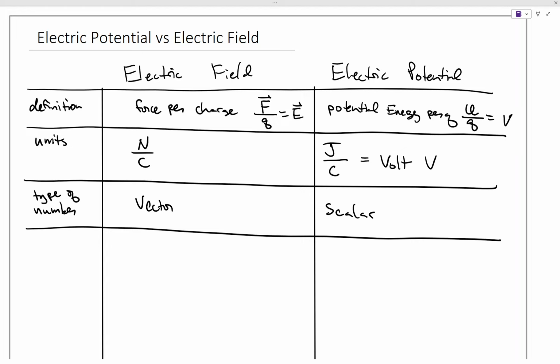All right, what about superposition? Can you do superposition? And the answer for both of these is yes. When you're talking about the electric field, this is a vector addition problem. When you're talking about the electric potential, it is a scalar operation.